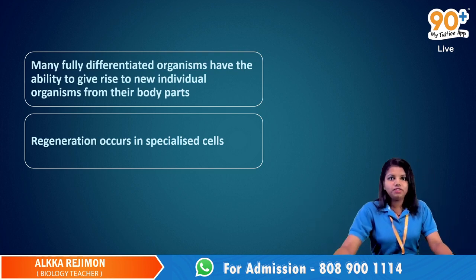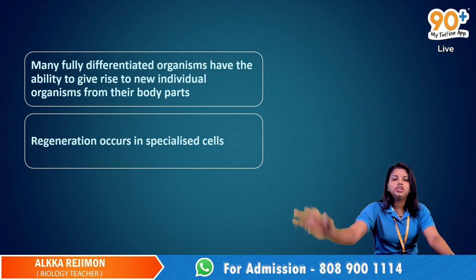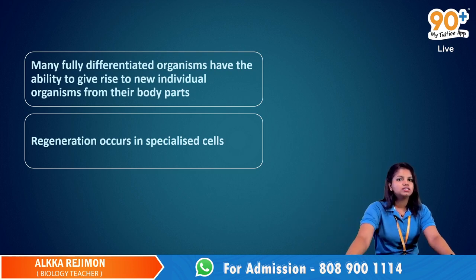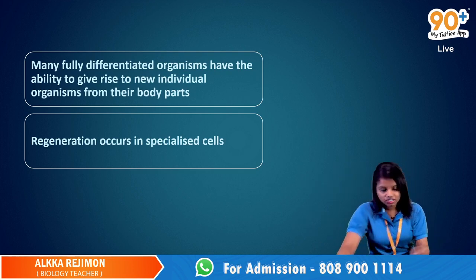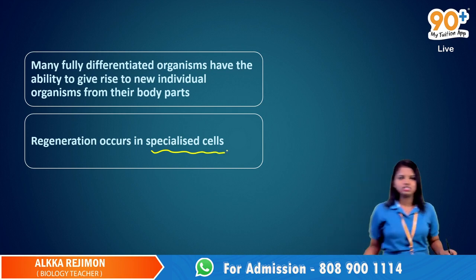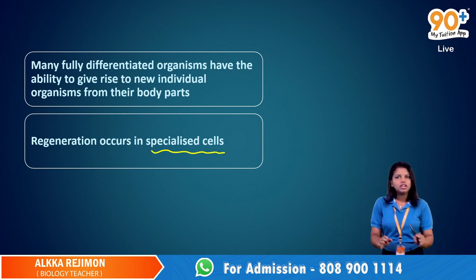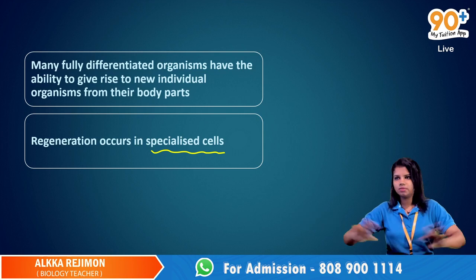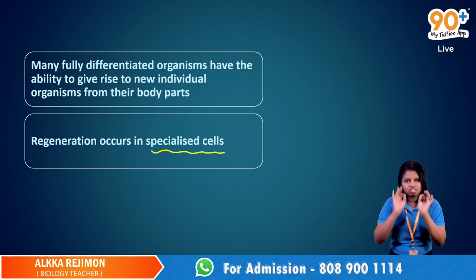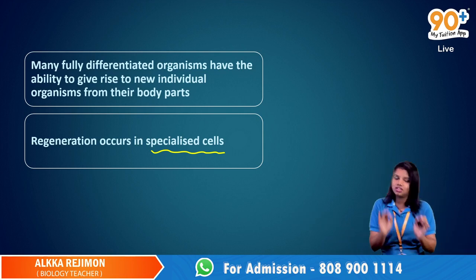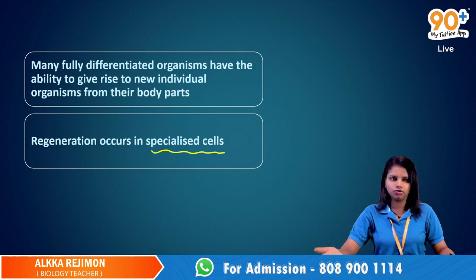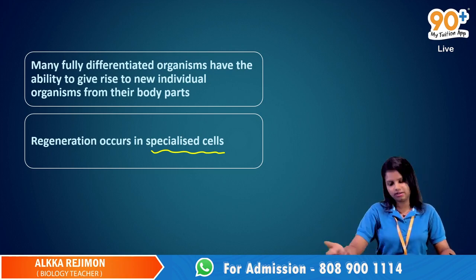Many fully differentiated organisms can give rise to a new individual from their body part, and regeneration always occurs in specialized cells. That's the point. Regeneration cannot happen in each and every organism and each and every cell. It takes place in specialized cells. Only cells with regeneration capacity can regenerate.